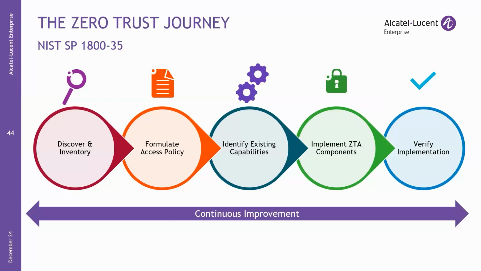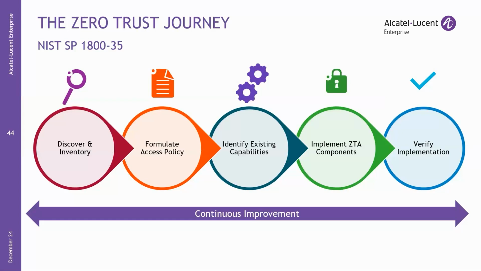Different bodies propose different methods of adopting a Zero Trust architecture, and the one we see here on the slide is the one proposed by the National Cybersecurity Center of Excellence. What they have in common is that they are all multi-step and iterative processes, because this transformation is not a one-day job.